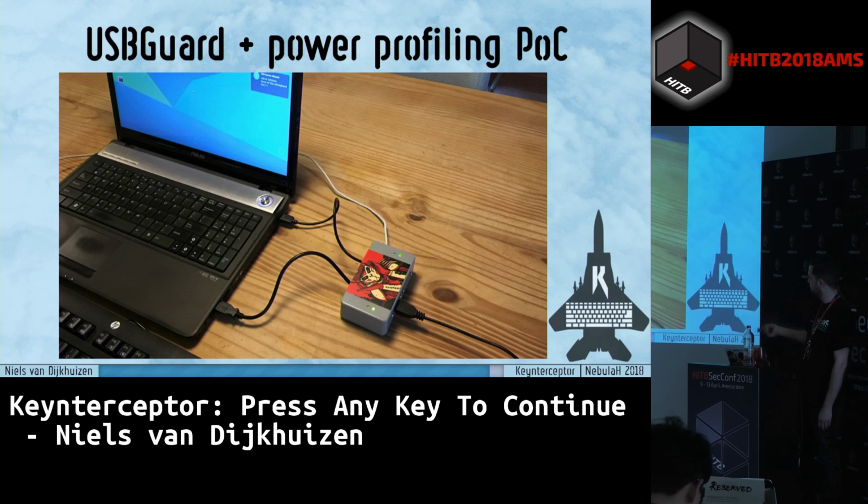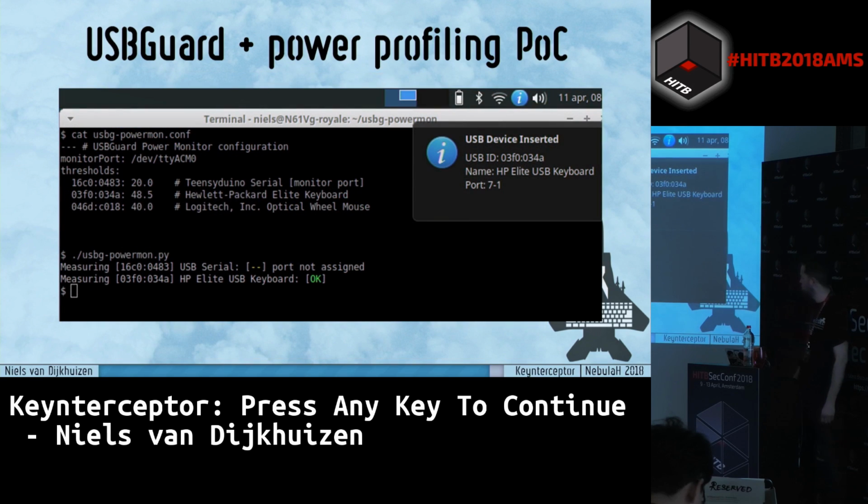Here we have a monitoring link, and what we can do is define our maximum milliamperage per kind of device we have. So here we have the HP Elite keyboard that I also used for the HID cloning, and USB Guard shows that there's a new device which is USB policy-wise allowed, and the USB PowerMon that I created, that communicates with the little box, shows that everything is okay.